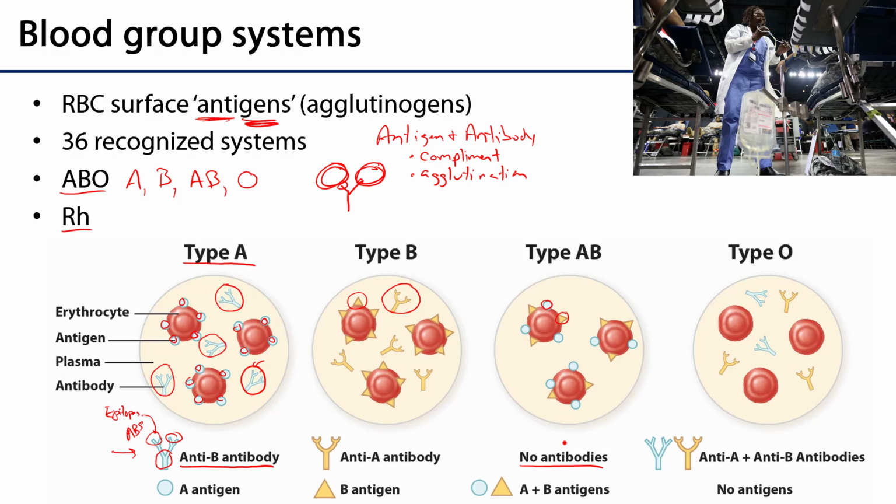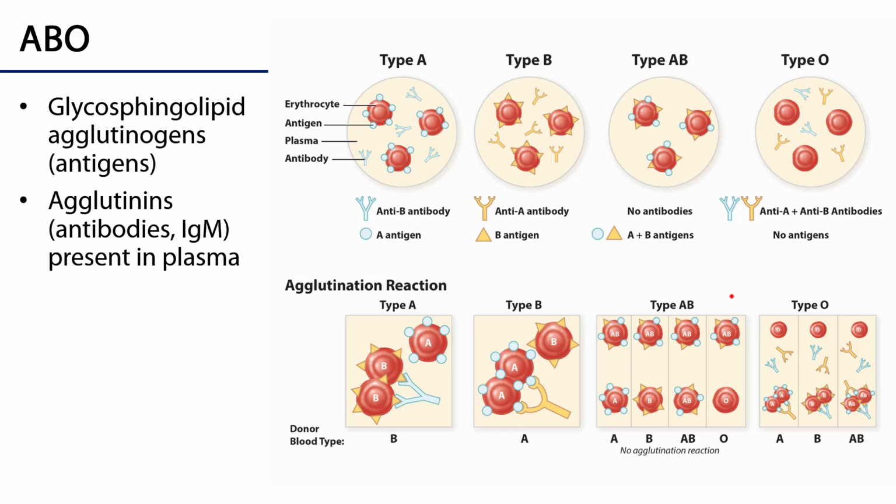People who are type O, O was originally meant to be 0, not the letter O. They have no, hence 0, A or B antigens on the surface of the red blood cells, yet they have both anti-A and anti-B antibodies within their plasma. And let's see where this comes into play.